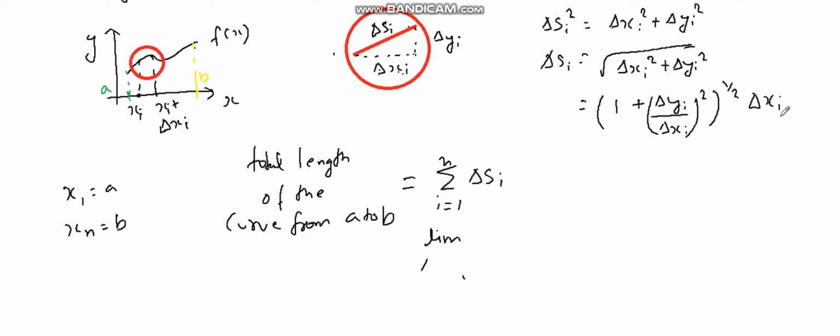But before that, this delta xi is different for different locations. Like for the ith point we have this delta xi. For the jth point maybe we have this delta xj.